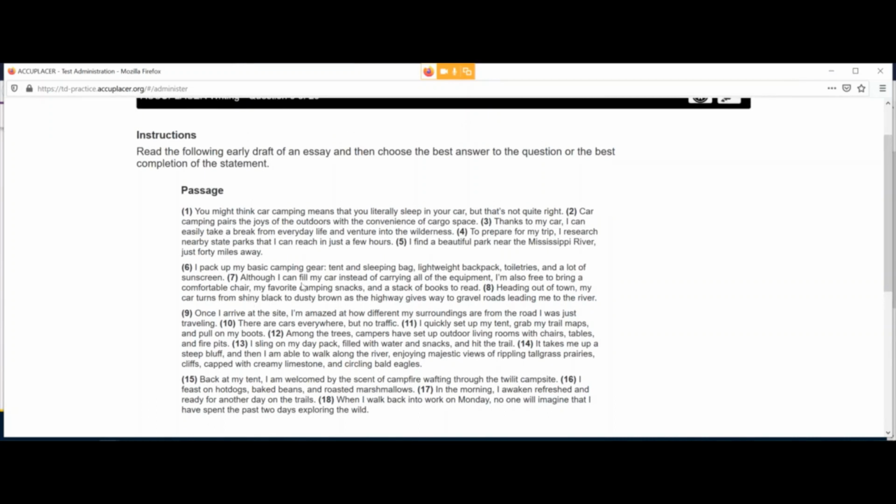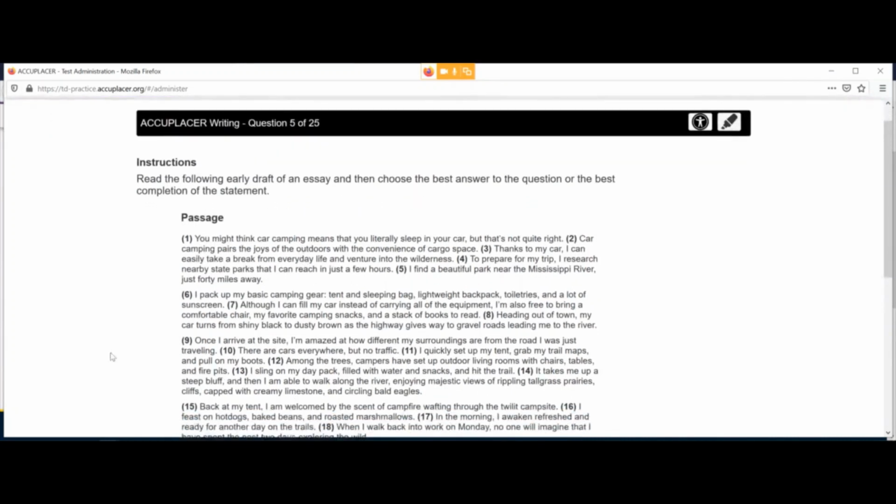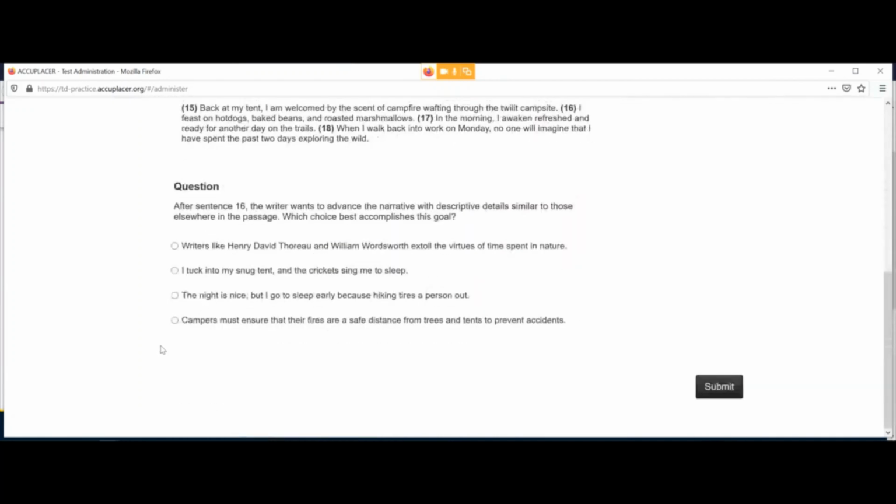Okay, so you see, this is question number 5, and again, as I mentioned to you earlier, and you saw in the introduction, you have 5 questions per passage. So after we finish this, we should have 1 more passage to review, 5 questions for that second passage, and then that will be it, and then you can finish the rest of this on your own.